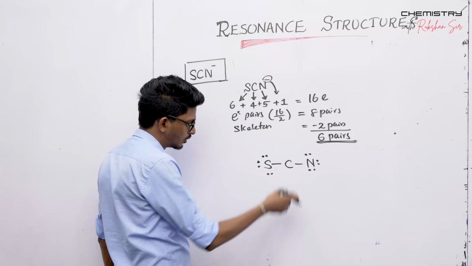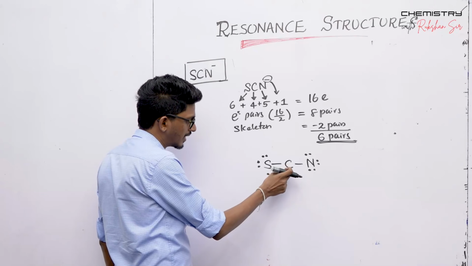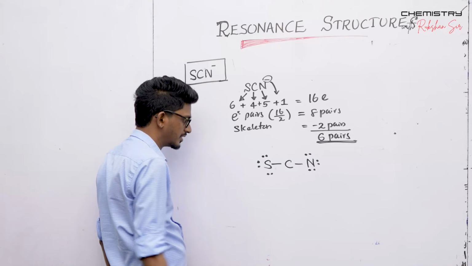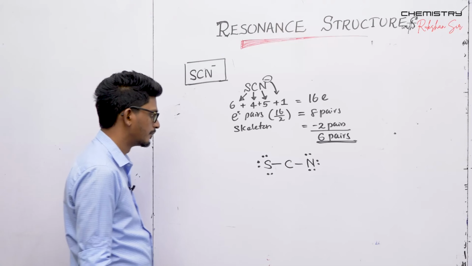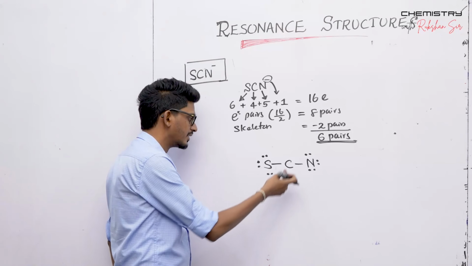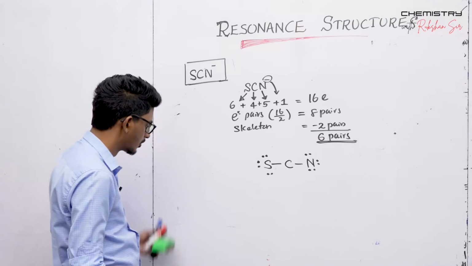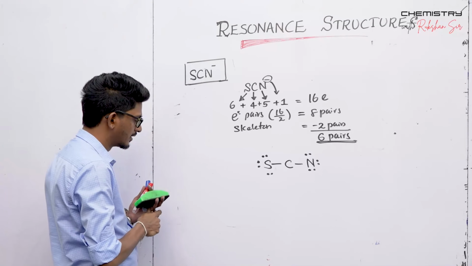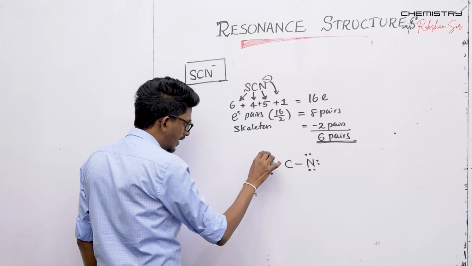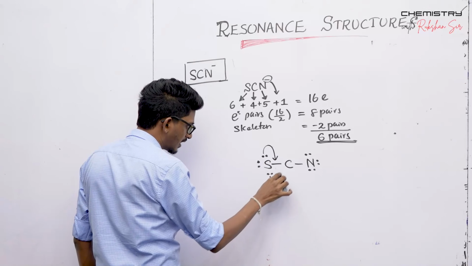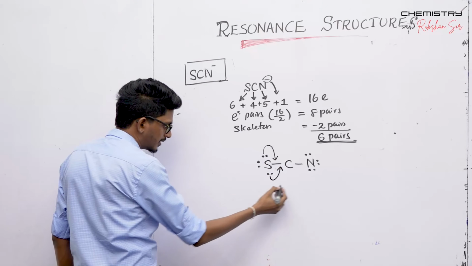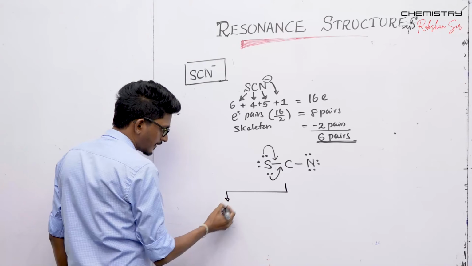We have a problem. So we have to donate 2 electron pairs towards this carbon. Right? Because 4 pairs should be there around the carbon, as it is a second period non-metal. So those 2 pairs can be donated both by this sulfur, then you will come up with this structure.